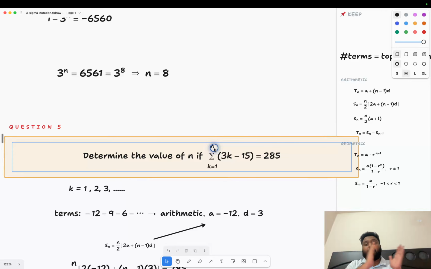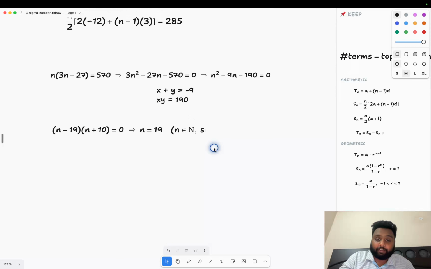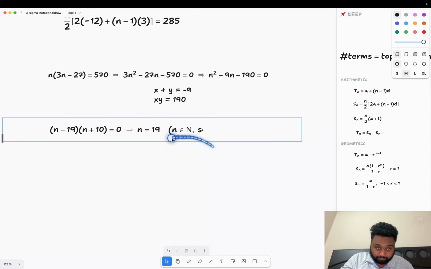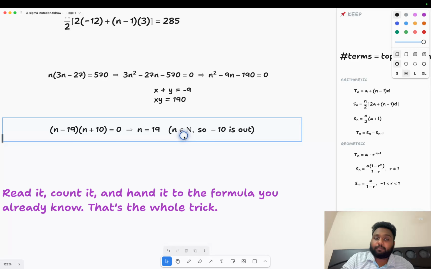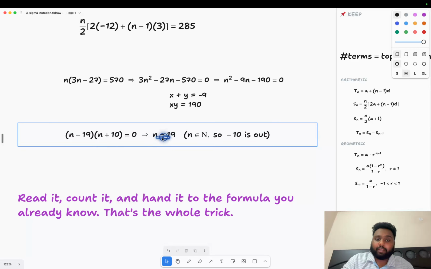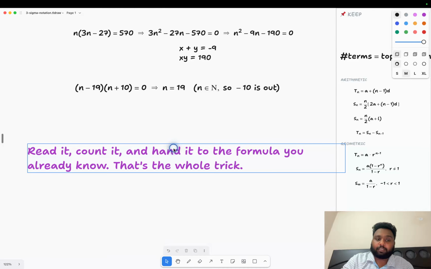This value cannot be negative. It should be a natural number. So we ignore the value of minus 10 and we say n is equal to 19 is the final answer.